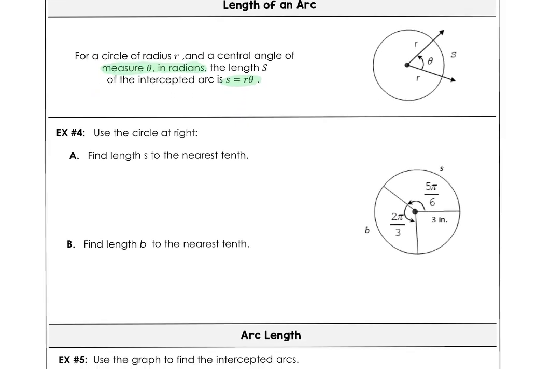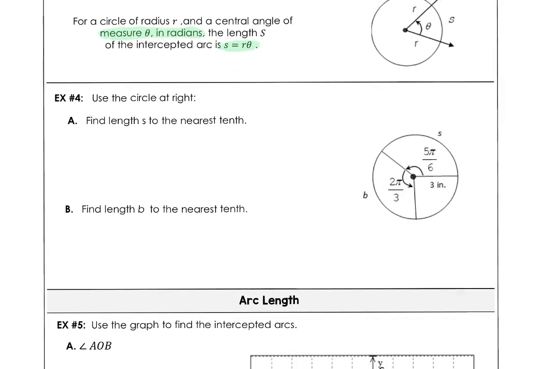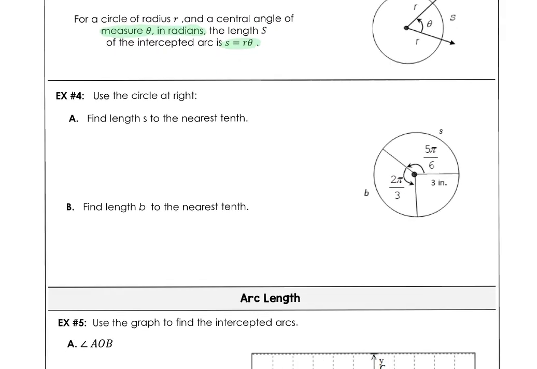Let's use the circle at the right to find the length S to the nearest tenth. So if S equals r theta and our r is 3 inches and our theta is in radians, we're looking for this arc length from here around to here. So our theta is 5 pi over 6.